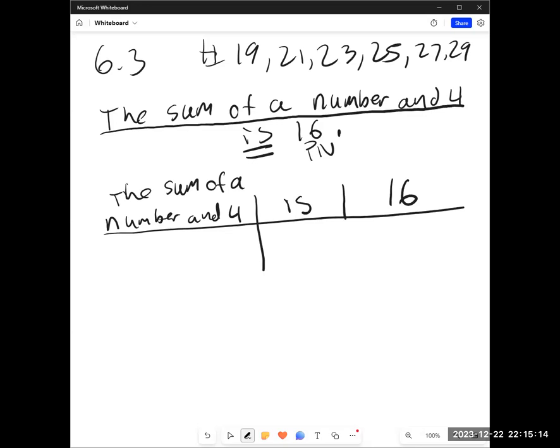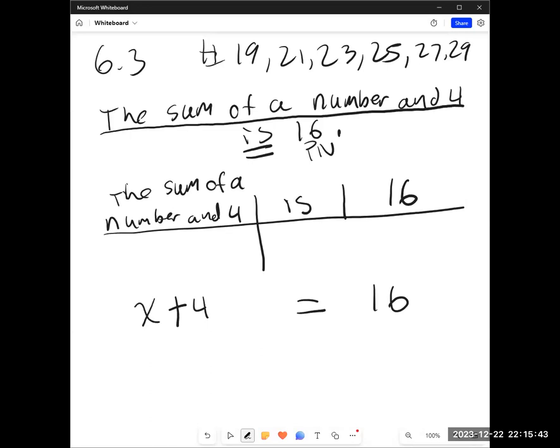So now we need to translate this. The sum of a number and 4 is 16. So n plus 4 equals 16. And they want us to use x as the variable, so we'll call this x.